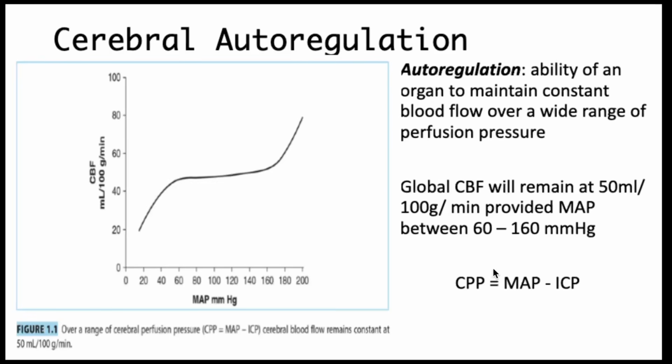And just remember, guys, this formula will become very, very important: cerebral perfusion pressure is equal to mean arterial pressure minus intracranial pressure. Just to state again, with normal autoregulation in a normal brain, cerebral perfusion will be maintained between a MAP of 60 and 160, and in actuality it'll be maintained pretty well at a MAP of 50 to 180.